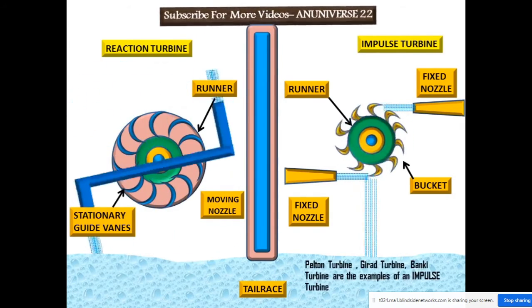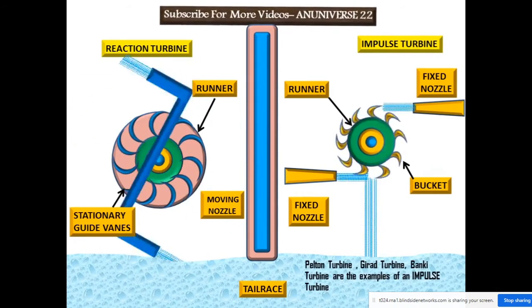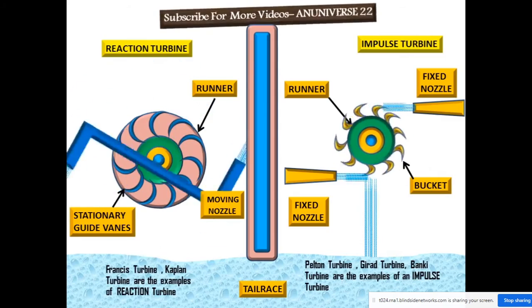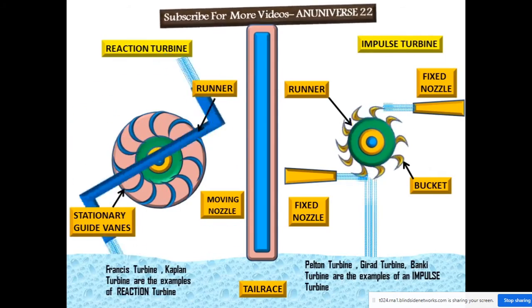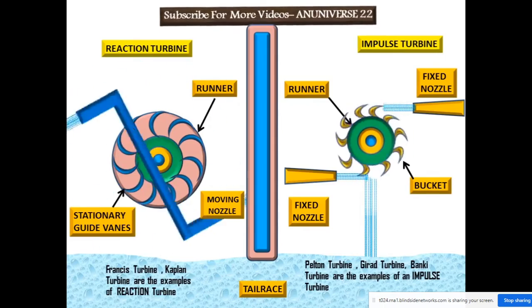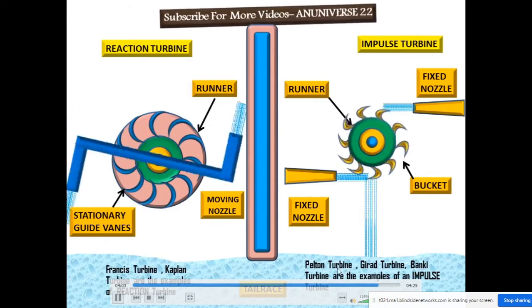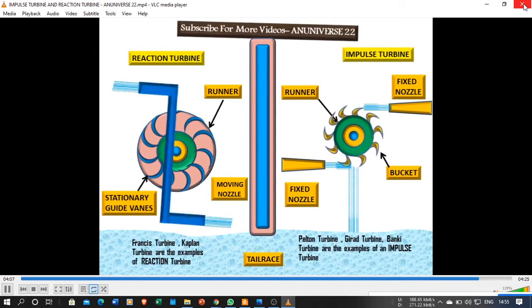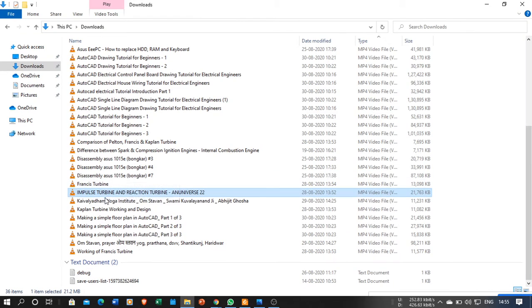Pelton turbine, Girard turbine, Banki turbine, these are examples of an impulse turbine. Francis turbine and Kaplan turbine are examples of reaction turbine. So today we learned the difference between the impulse turbine and reaction turbine, and the working of impulse turbine and reaction turbine. So basically, this is the Kaplan turbine.